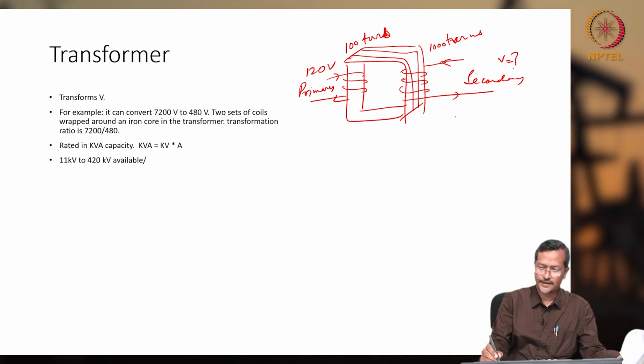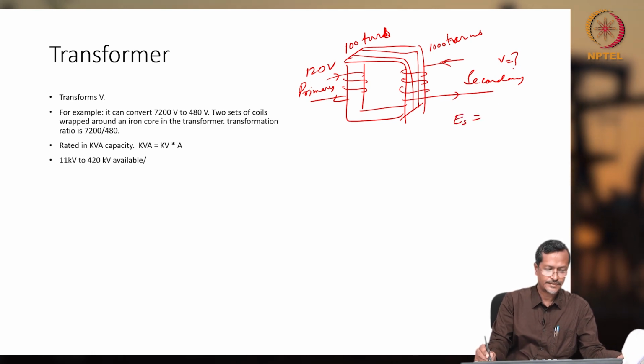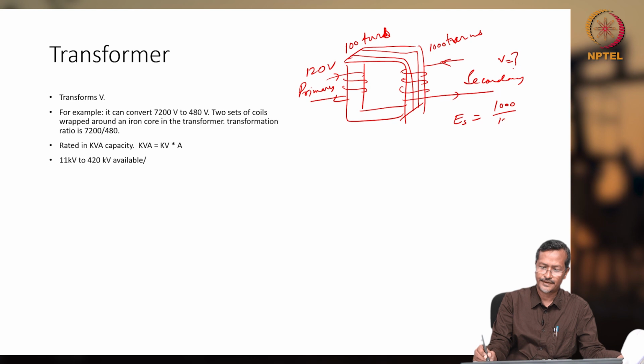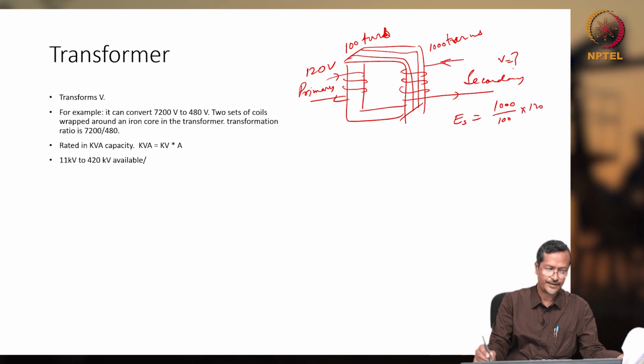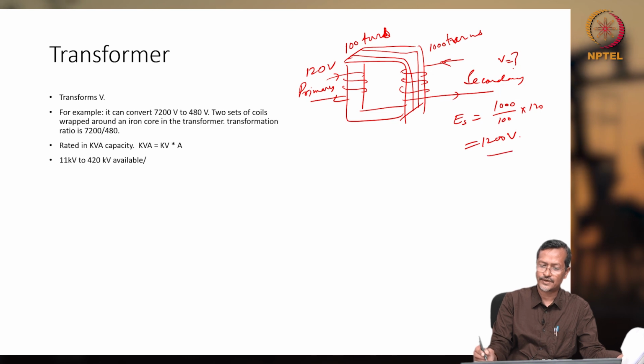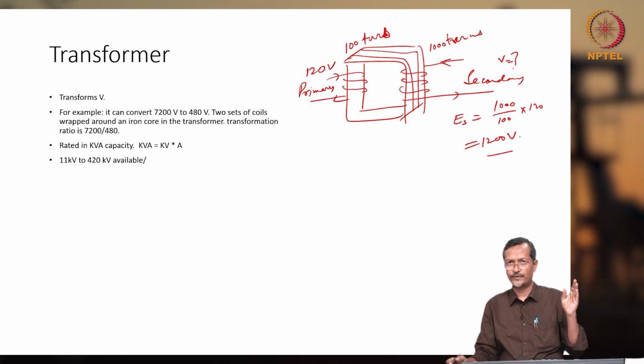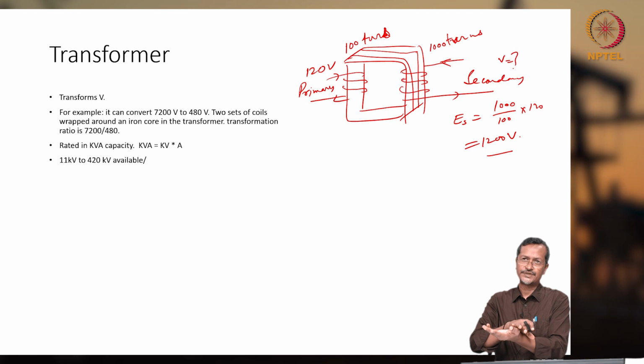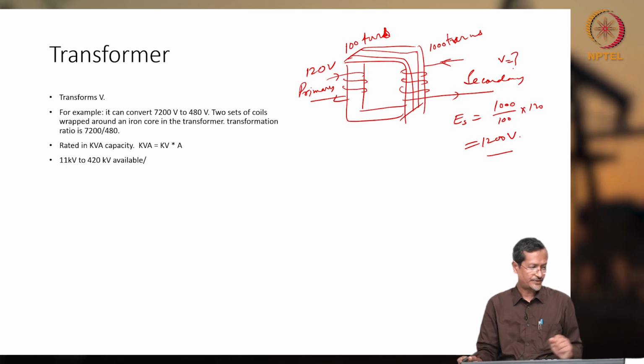The formula is that ES equals 1000 divided by 100 into 120. So, 1200 volt you are creating. So, actually you stepped up. Whenever you want to reduce, you just have to use it the opposite way, so that it can reduce your voltage.